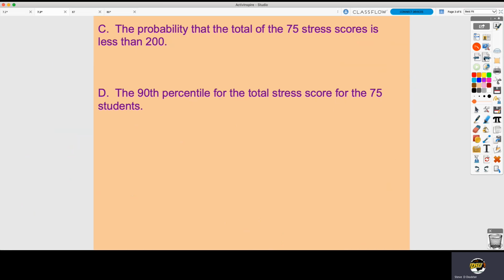All right, we do have 2 more questions along with those data points there. Find the probability that the total of the 75 stress scores is less than 200.